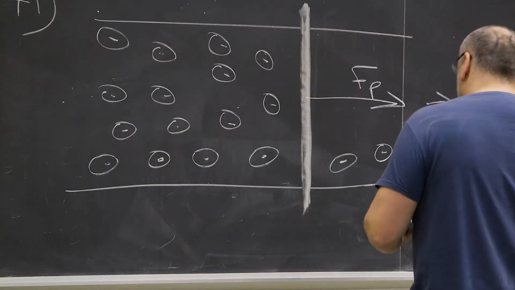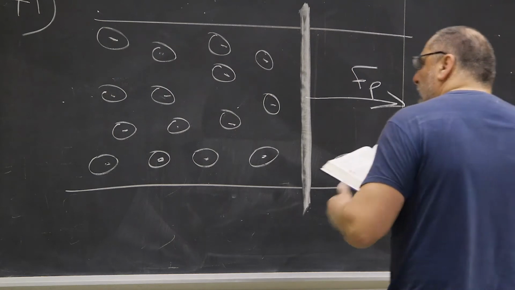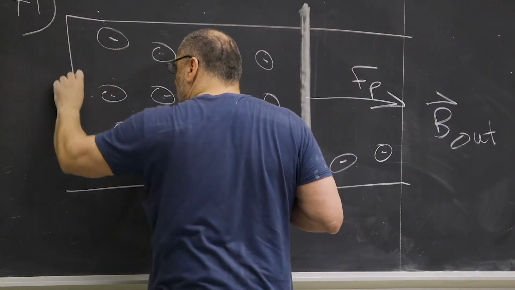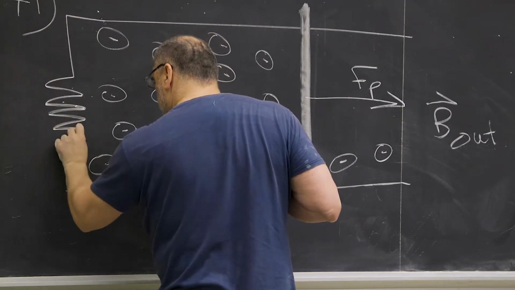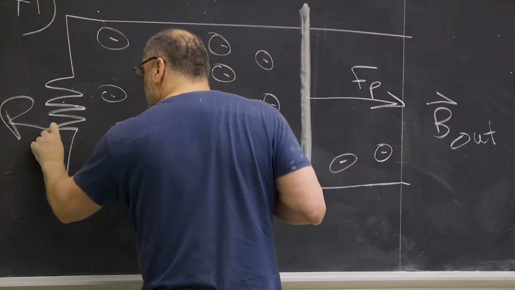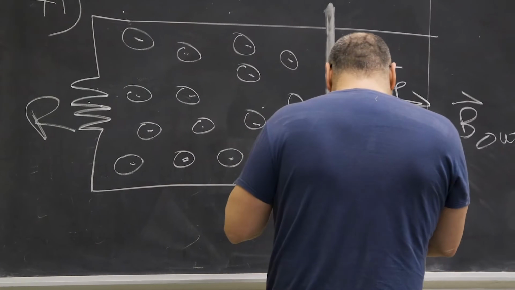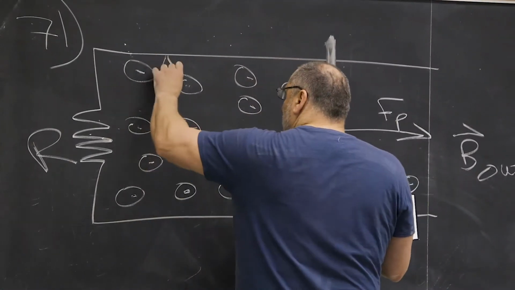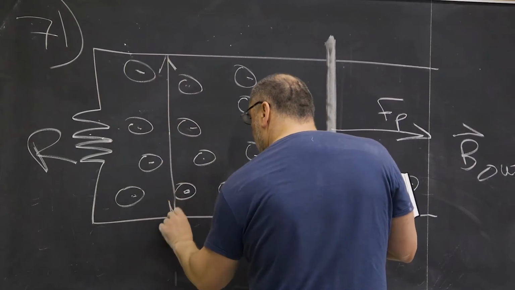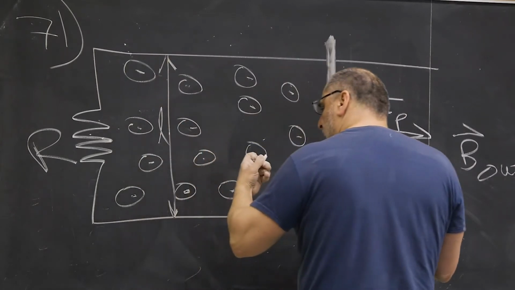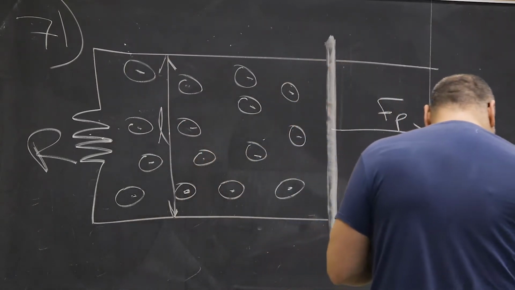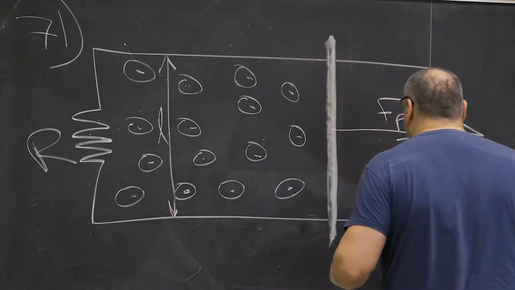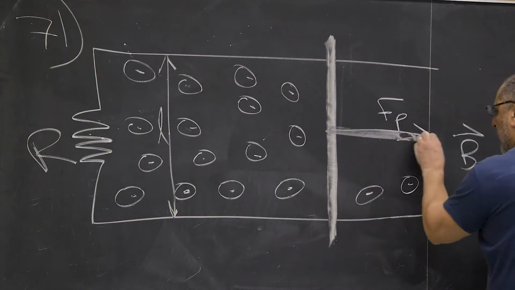Et cetera, et cetera. So there's the B field coming out. There is a resistor. That's R. This length right here is L. And there's a width here, but the width varies because you're pulling this thing.